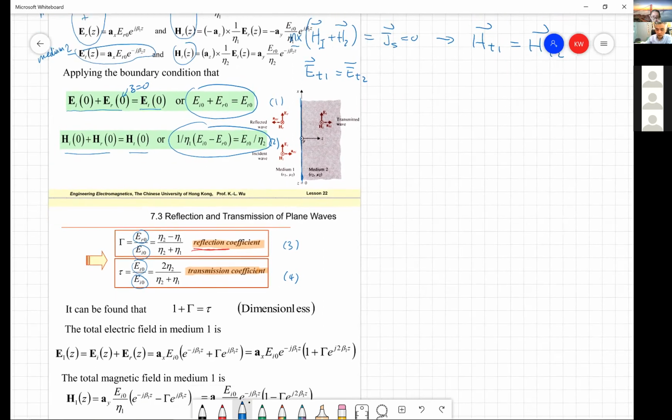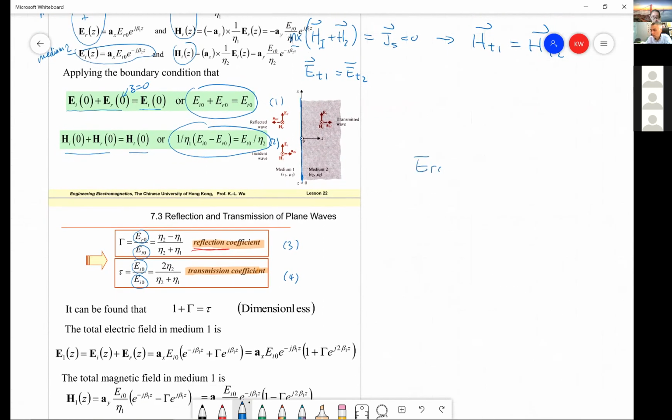Because this is not a field everywhere, remember, okay? This is the E field only at Z equal to 0.